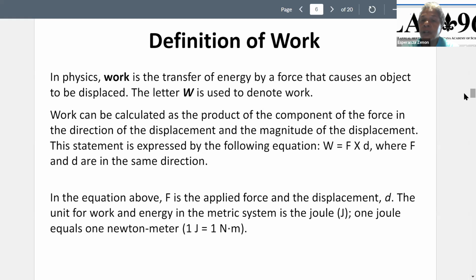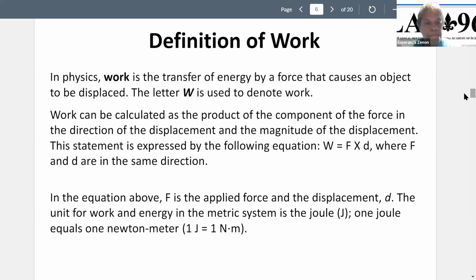In order to support an object's weight, you have to hold it up against gravity. Gravity wants to pull it down, so your force has to be vertical to balance out gravity's pull downward. And if you are carrying an object, you don't walk vertically, you walk horizontally. So your force is vertical, but your displacement is horizontal. They're not in the same direction, so the work is 0 because the force and the displacement are perpendicular.